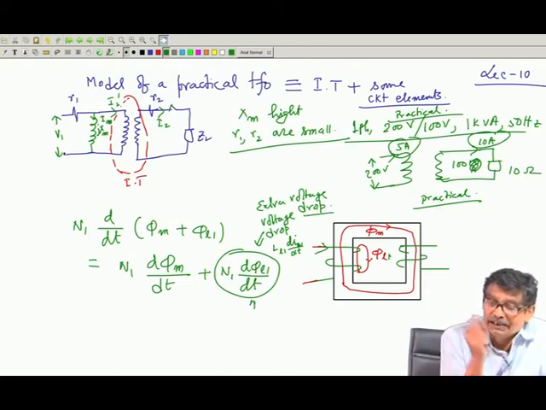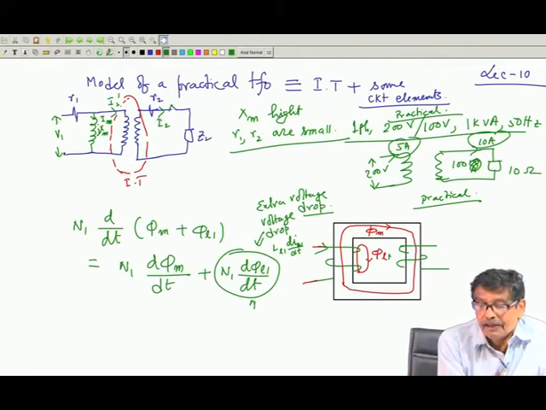Therefore, it looks like, of the applied voltage I have given, there will be a voltage drop in R1, but there is also a small inductance drop which will take place.